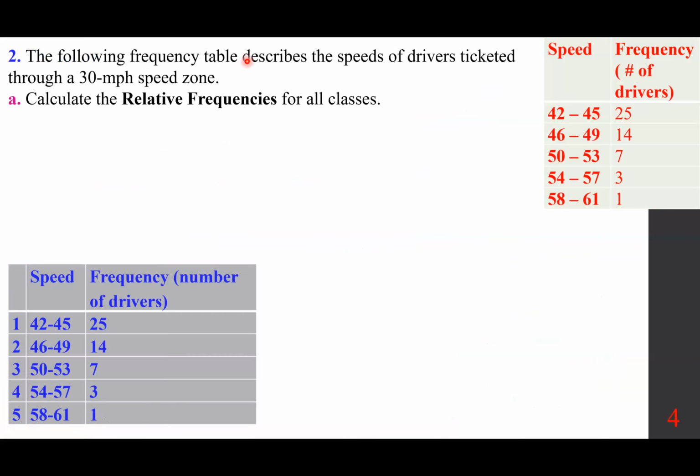The following frequency table describes the speed of drivers ticketed through a 30 mile per hour speed zone. Calculate the relative frequencies for all classes. Well, we know the relative frequency, RF, by definition is F over N. So first and foremost, let's find the N. Let's add up 25, 14, 7, 3, and 1.